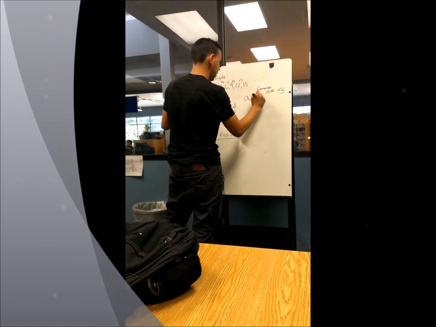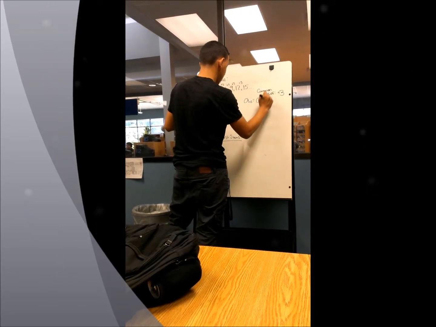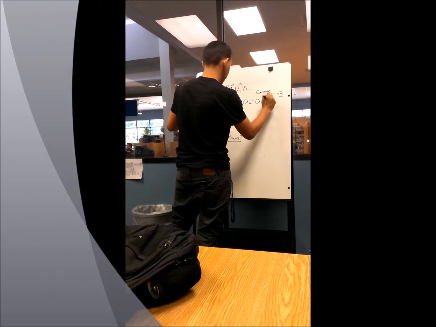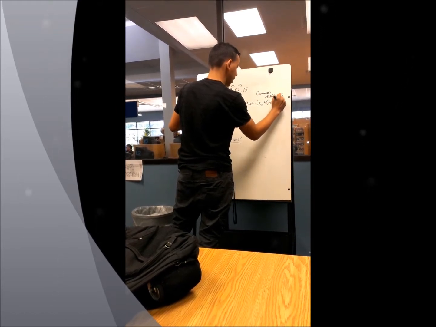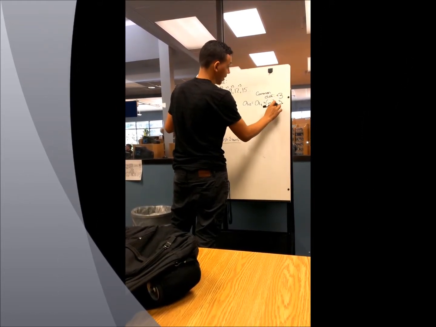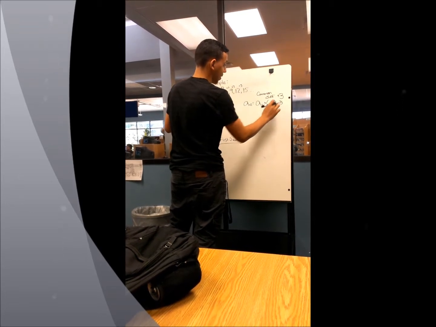A12 equals 3 plus 12 minus 1, times positive 3, so we can get rid of that.